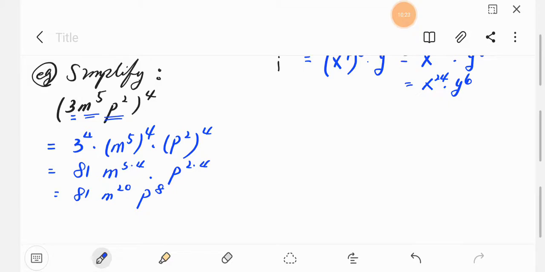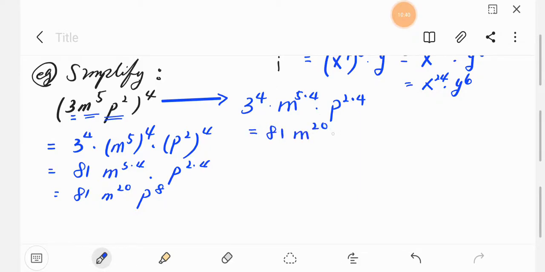Alright? Or you can write the answer right away. So that is 3 to the 4th power times m to the 5 times 4 and p to the 2 times 4th power. So there will be 81 m to the 20th power times p to the 8th power.